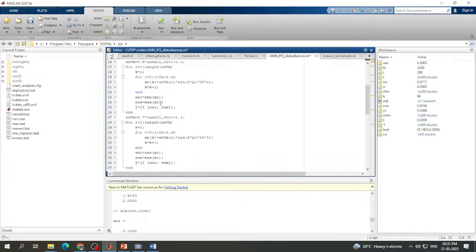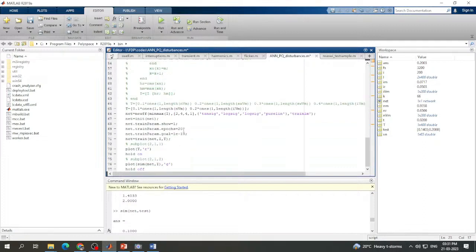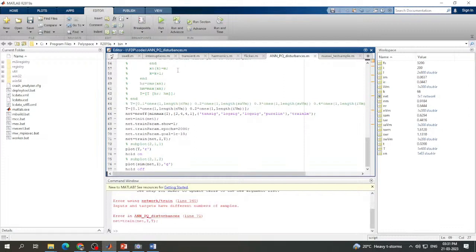Now let's train the model, but before that I have to change the parameters. I am putting here 2000, and 2000 is my epoch value, and error I have put as -10. Now let's run the system. Yeah, error has shown. Why? Because I didn't change the target. Here, the target I have to change.